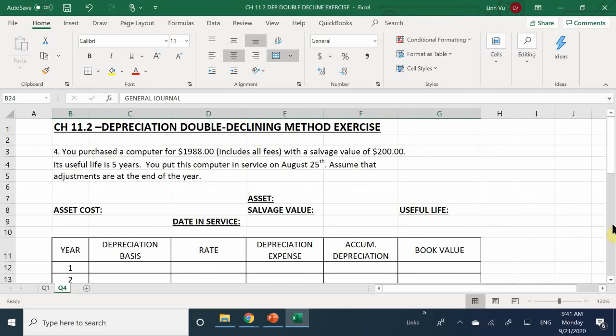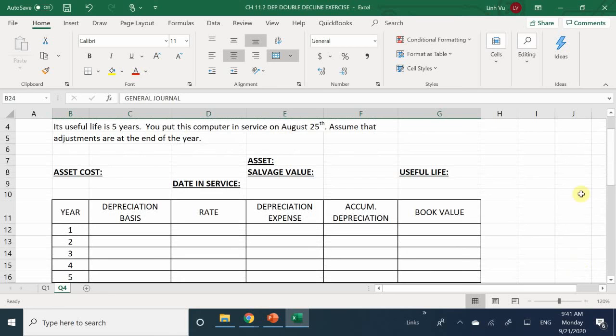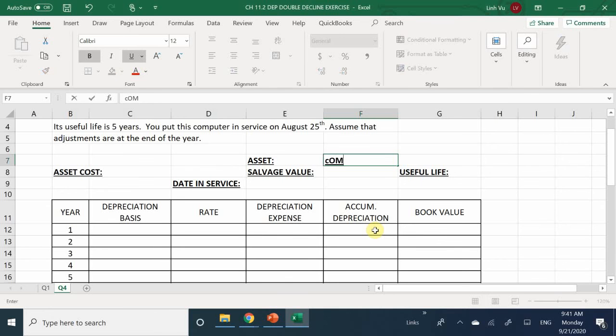You put this computer in service on August 25th. Assume that adjustments are at the end of the year. So let's go ahead and plug in our information here. Okay, so in here, what is my asset? Computer. Good.